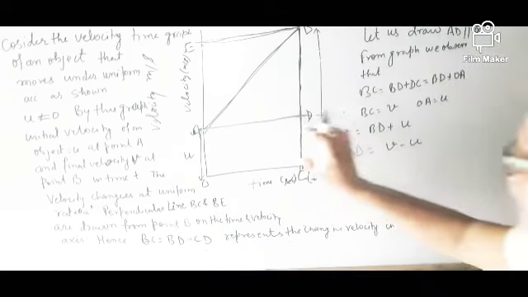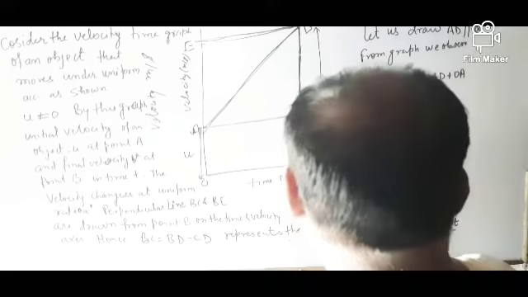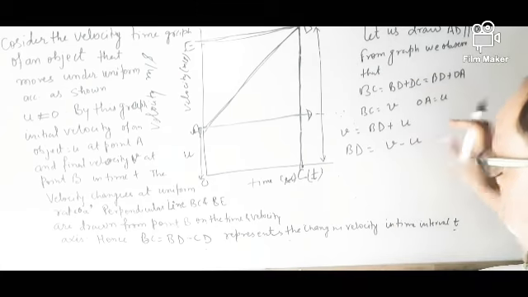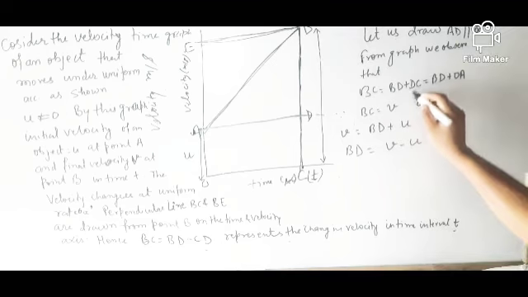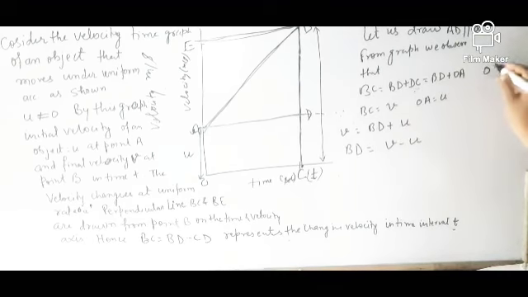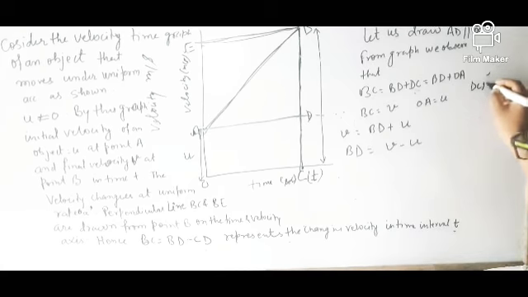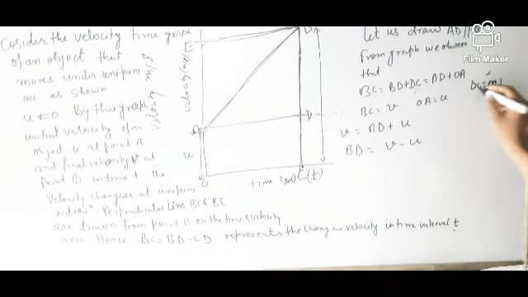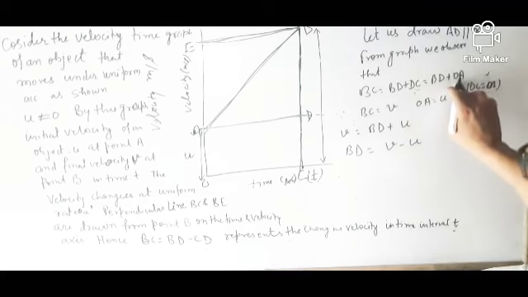Since AD is parallel to OC, DC is equal to OA. So in place of DC we can write OA.